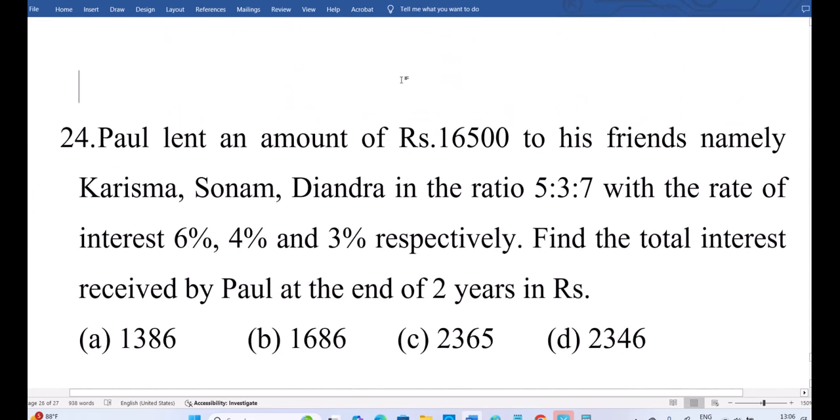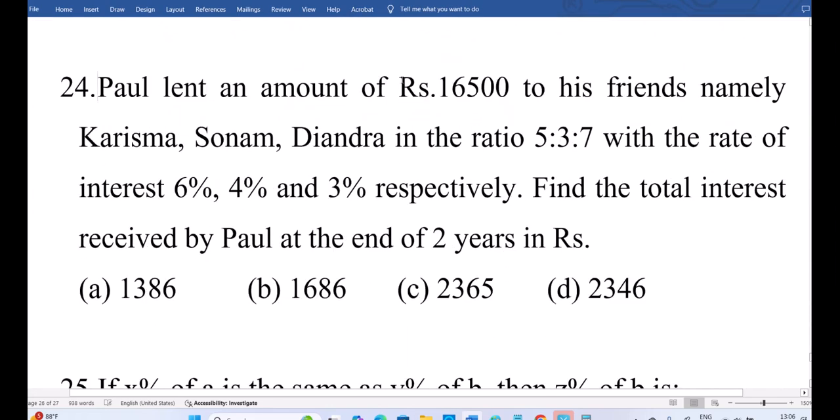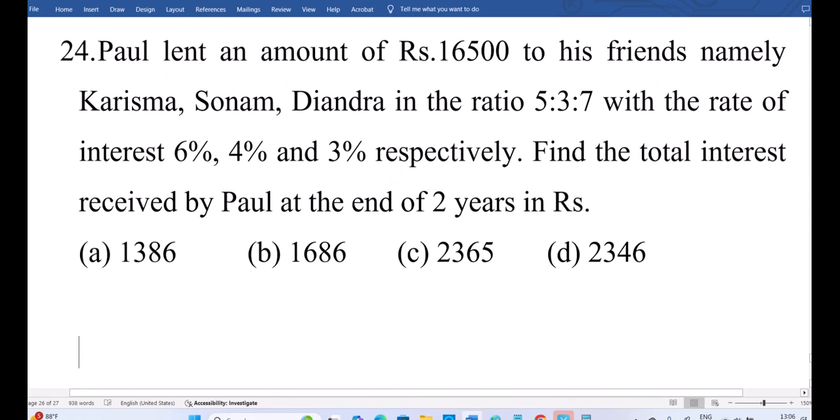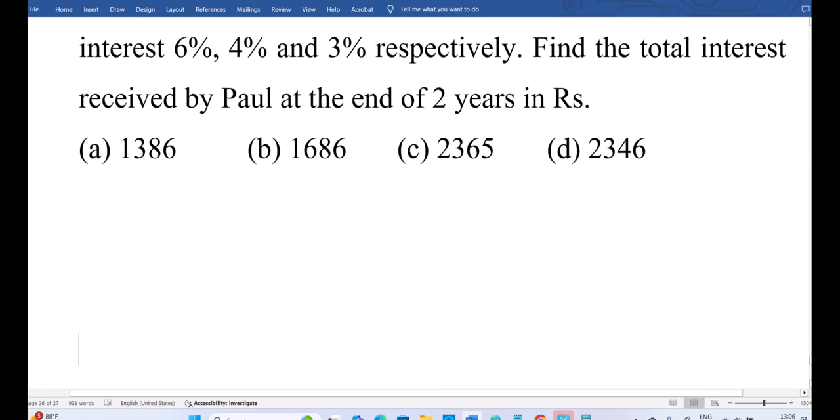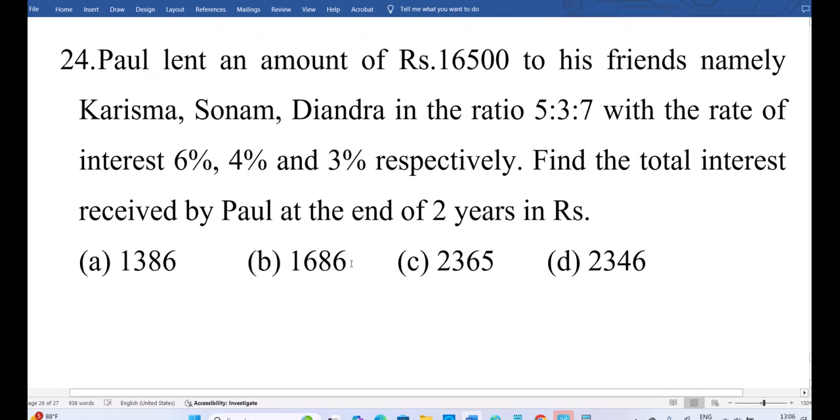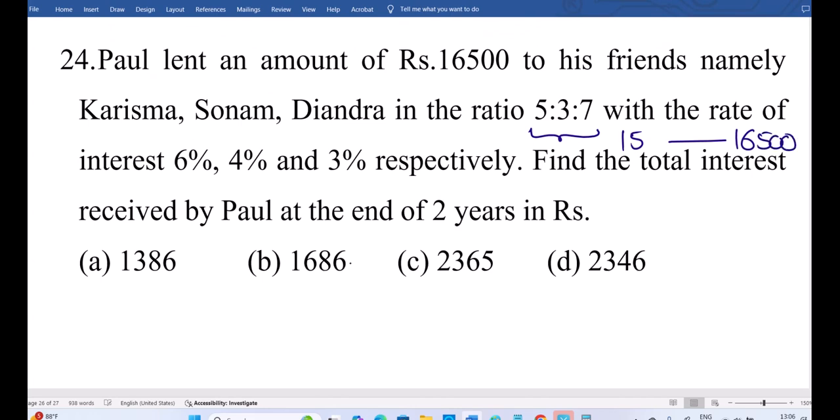Next question, Paul lent an amount of rupees 16,500 to his friends. Rate of interest is given. Total interest paid at the end of 2 years, right? See, the amount is divided into 5, 3 and 7. Adding all this, 5 plus 3 plus 7 is 15. But the total amount is 16,500, so it is into 1100. 15 into 11 is 165.